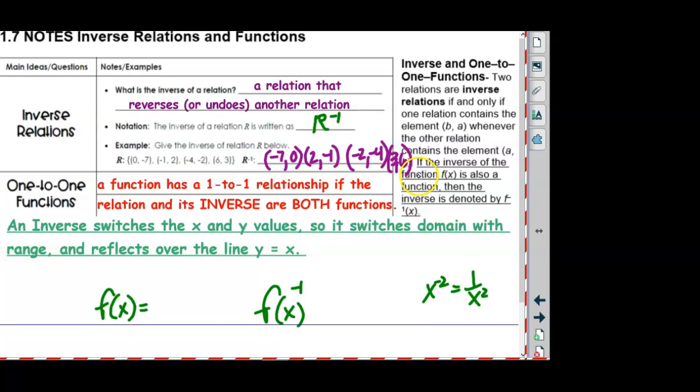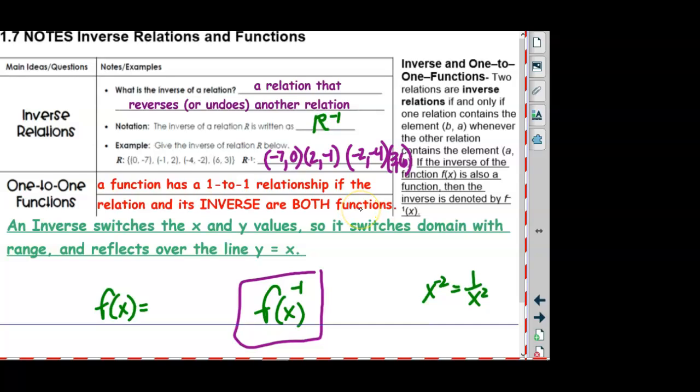So you're just switching them. If the inverse of a function is also a function, then you use this notation that I talked about here. A function has a one-to-one relationship if the relation and its inverse are both functions.